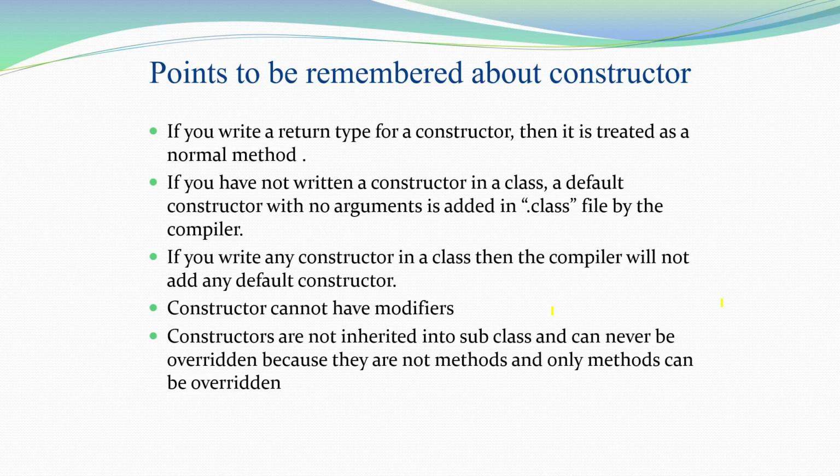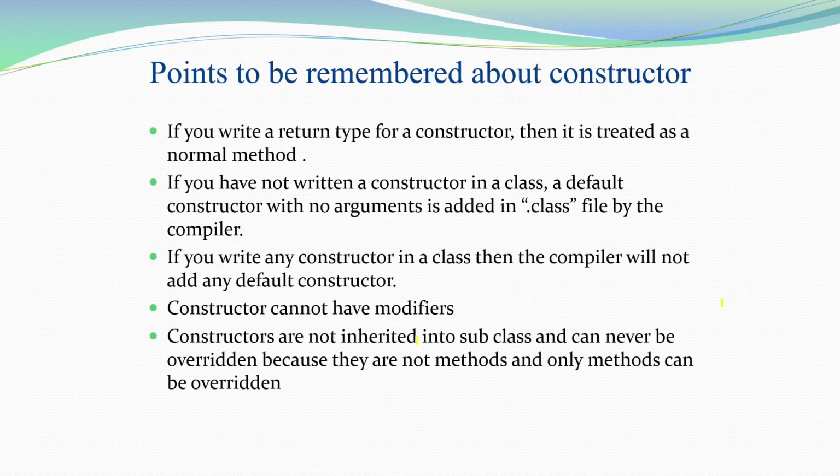As we already saw, if we are not providing any no-argument constructor, the compiler will create a default constructor. If you write any constructor in a class, the compiler will not add a default constructor.